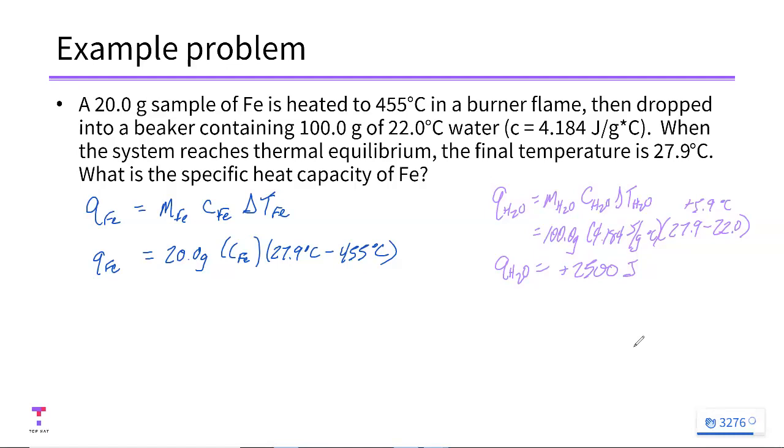The trick to this kind of problem is we have to recognize that the water heat and the iron heat are related. The question is how? How are they related?